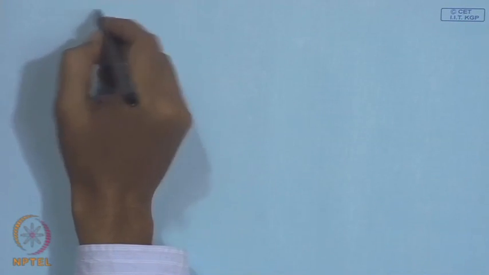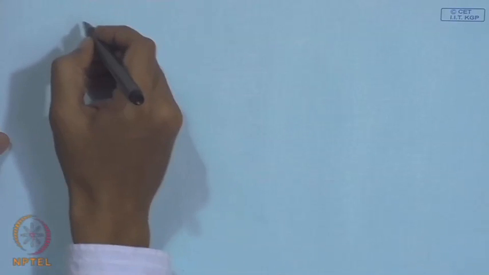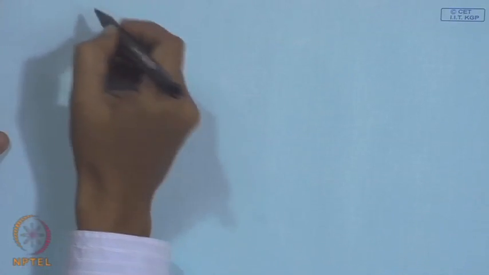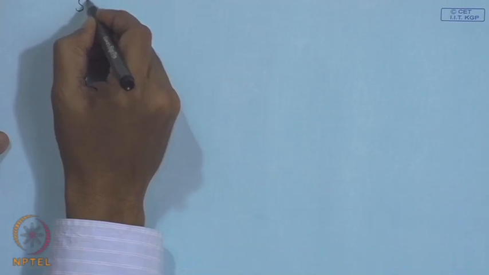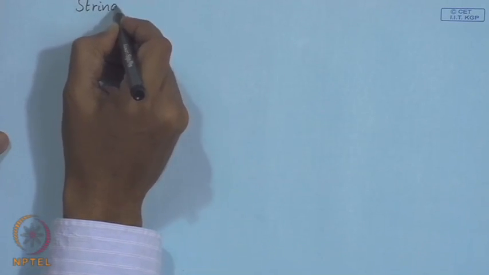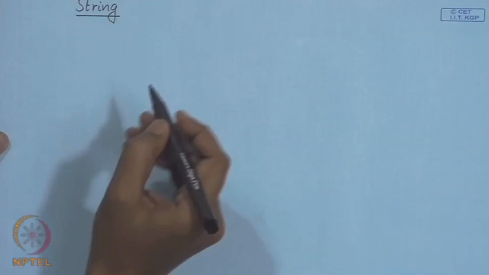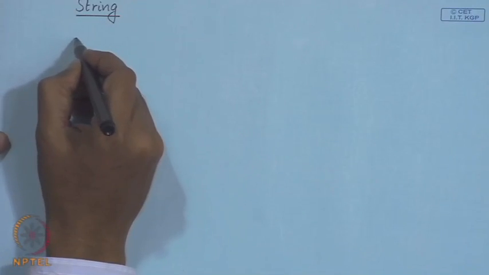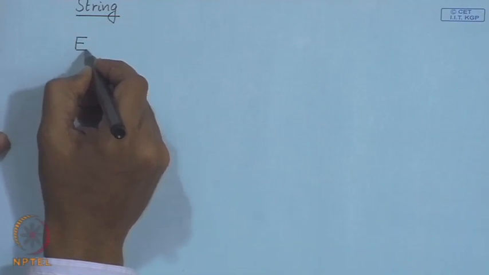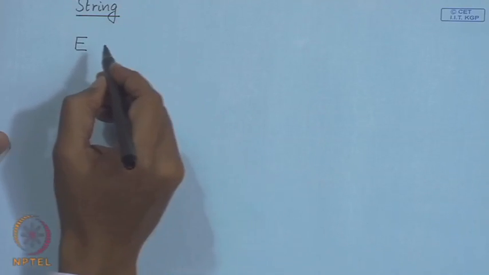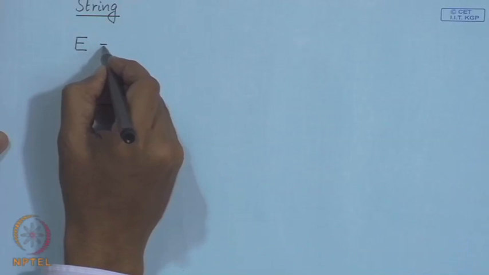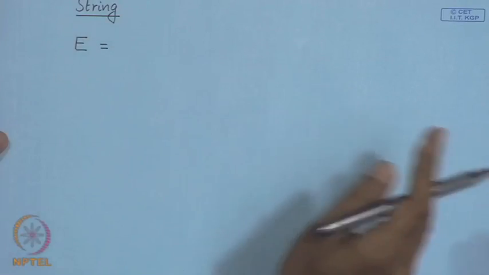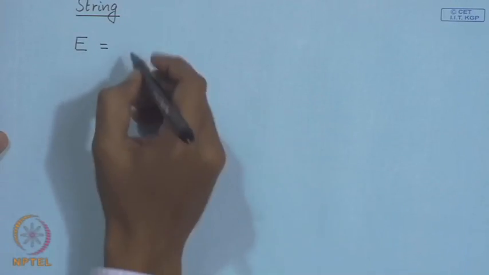So, let us take the example of a string. For a string, the total energy. Now, this is an infinite string or semi infinite string.